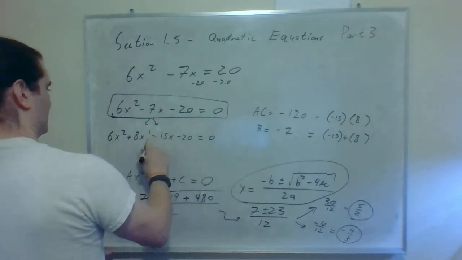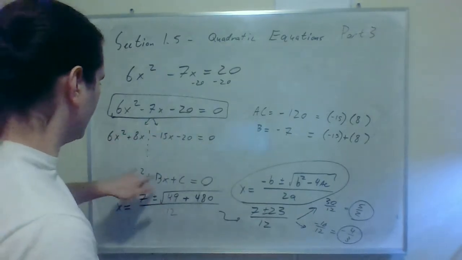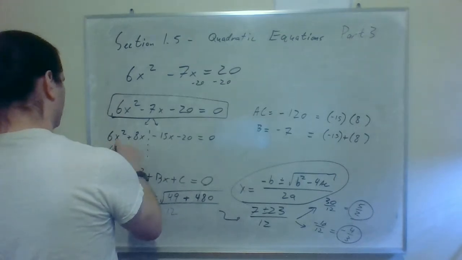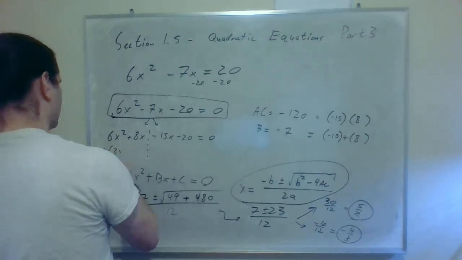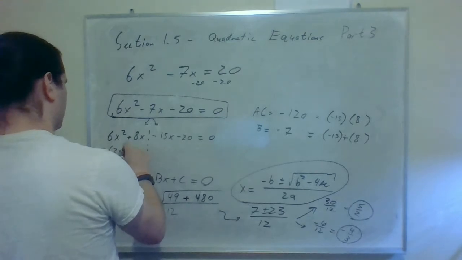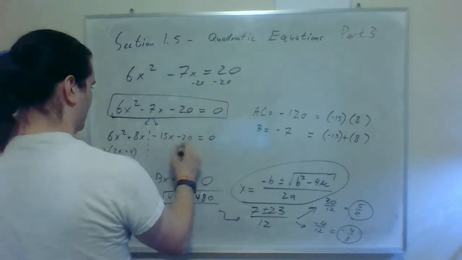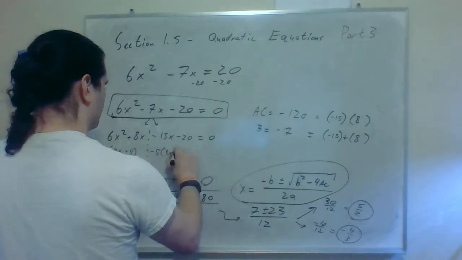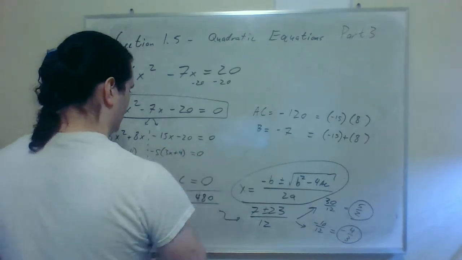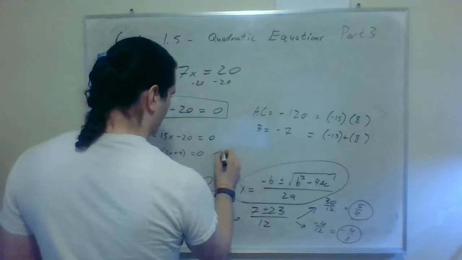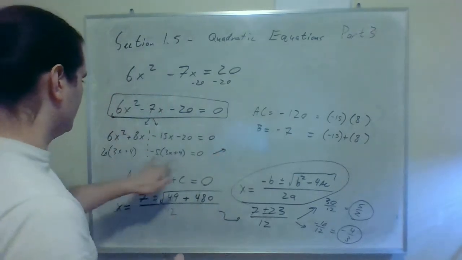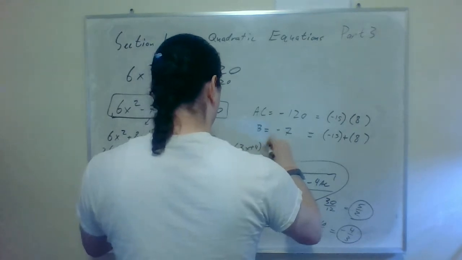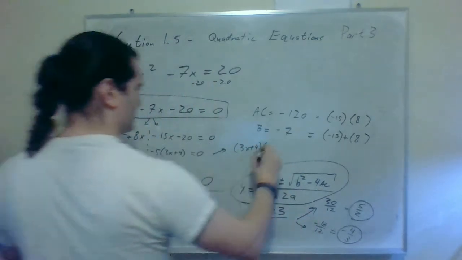And now that there are 4 terms, we can split it right down the middle. We can pull a 2x out of this, get 3x plus 4, and we can pull a negative 5 out of this and get 3x plus 4, and we can pull out the 3x plus 4's, and we're left with 2x minus 5.